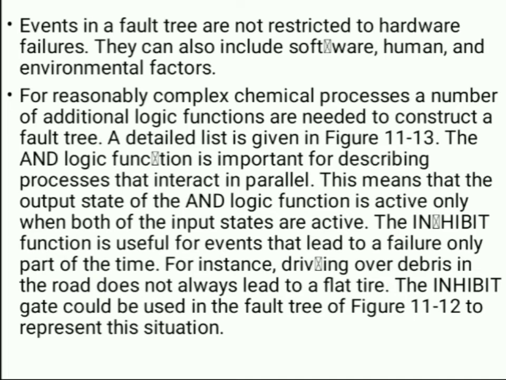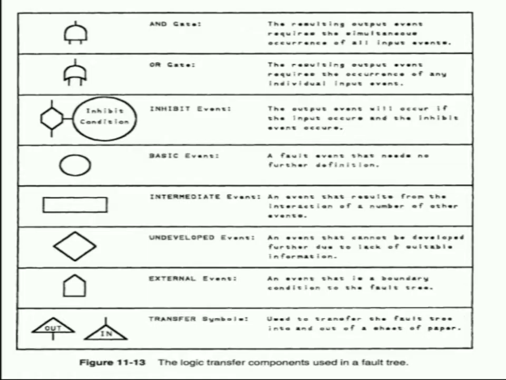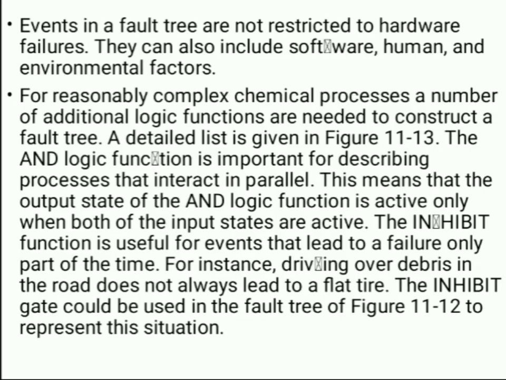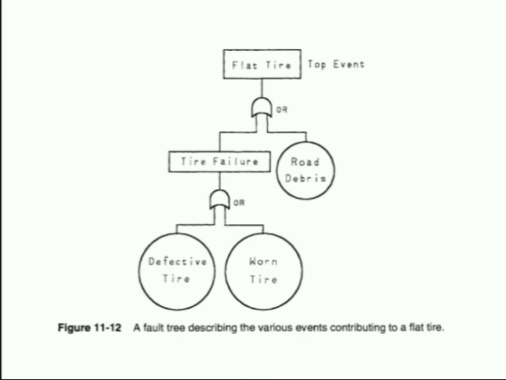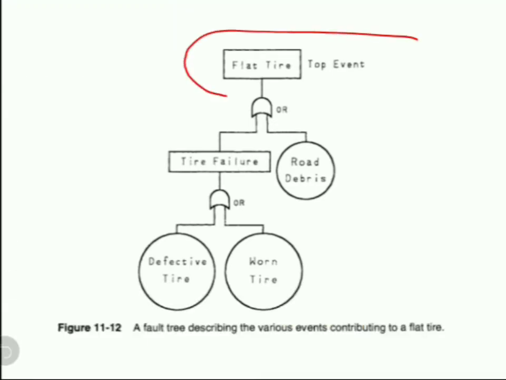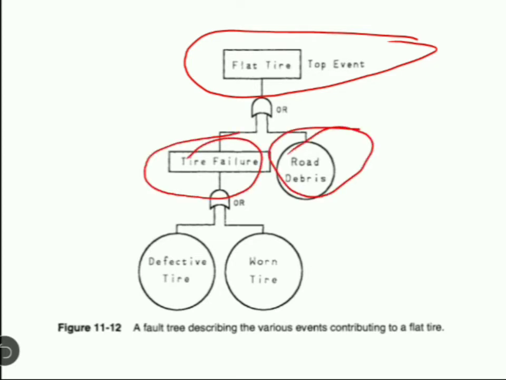So that is the sequence, the steps involved in drawing the fault trees. We will repeat that. For drawing a fault tree, we first have to find the top event, that is the accident event that happened in the past. We write that on the top of the diagram, and below that we write the reasons for that top event.